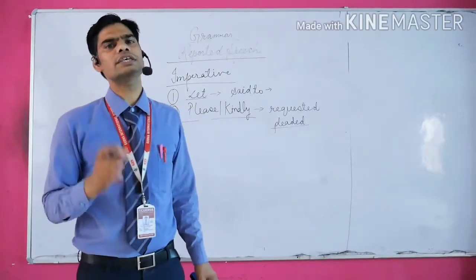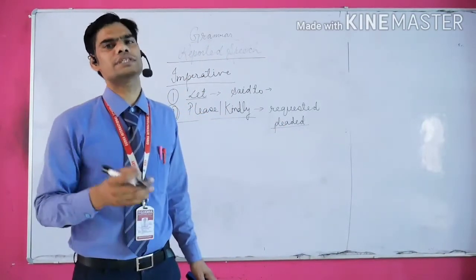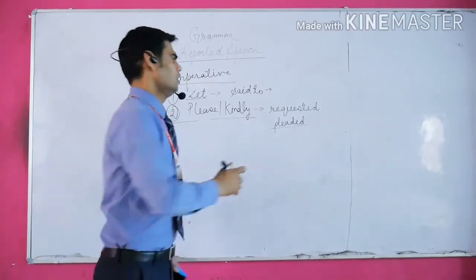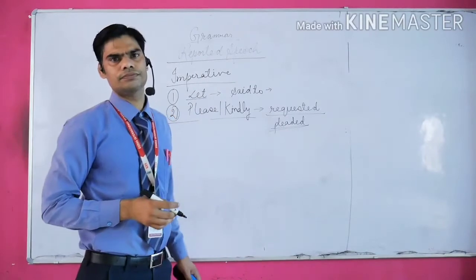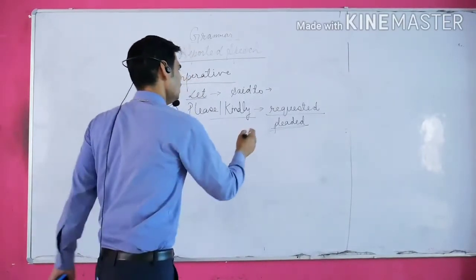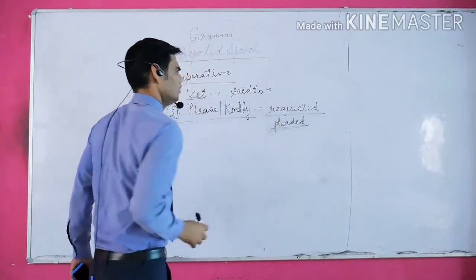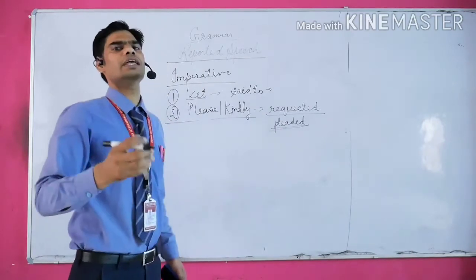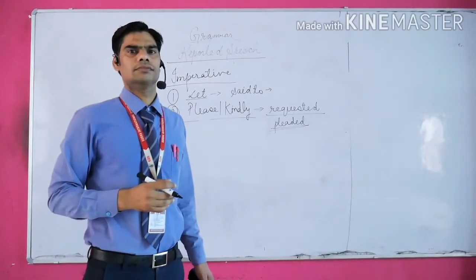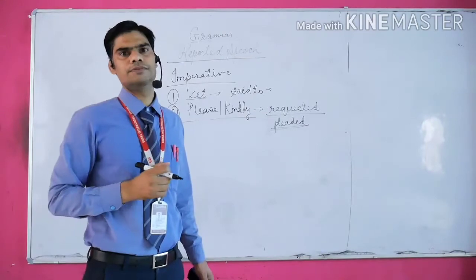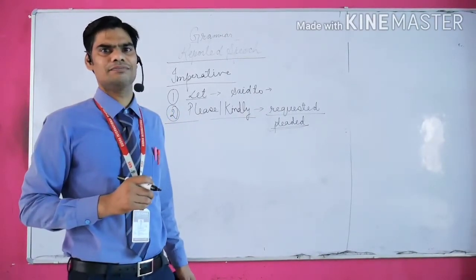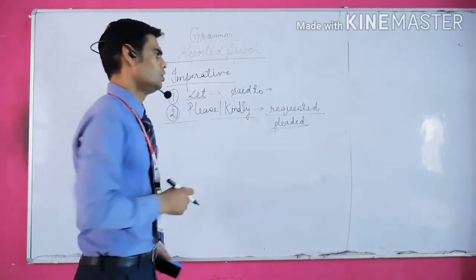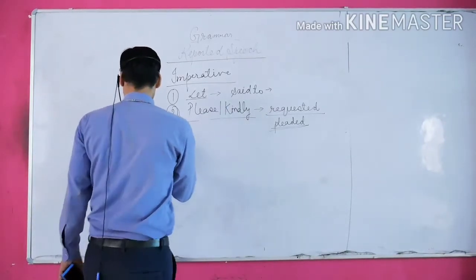Pleaded is also a synonym of requesting in a polite manner. So requested and pleaded we can use. And pray also we can say. Sometimes it is also used. When we use please and kindly, we pray to someone in a polite manner. And now I am giving you an example.